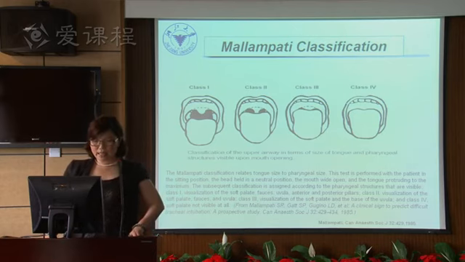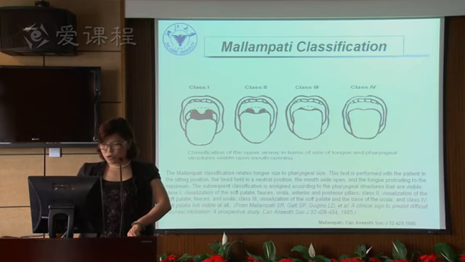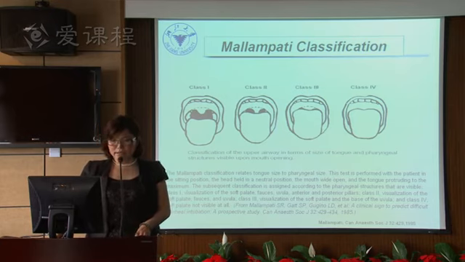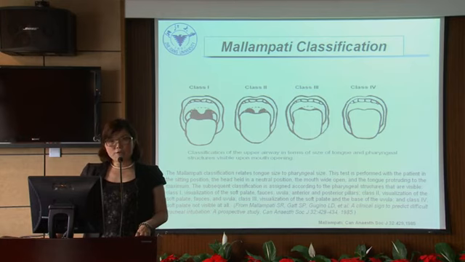The subsequent classification is assigned according to the pharyngeal structures that are visible. Class 1, we see the soft palate, fauces, and the uvula, anterior and posterior pillars.